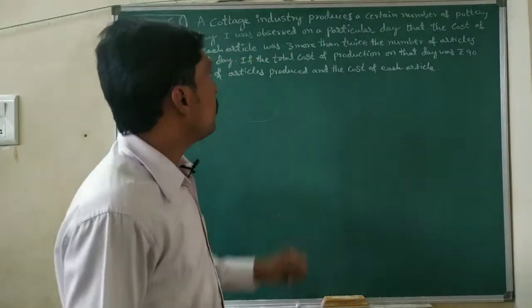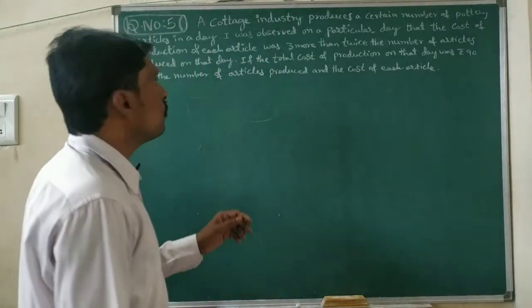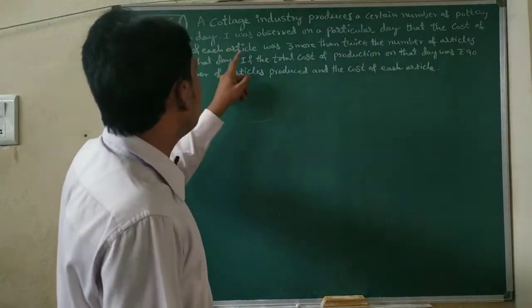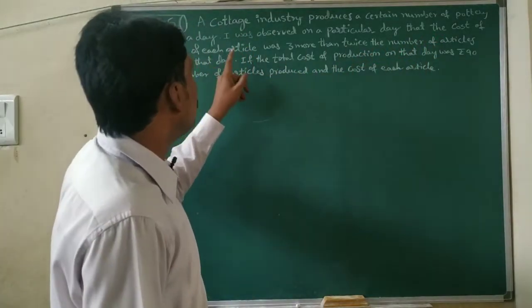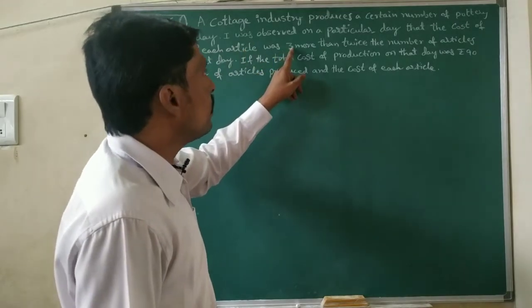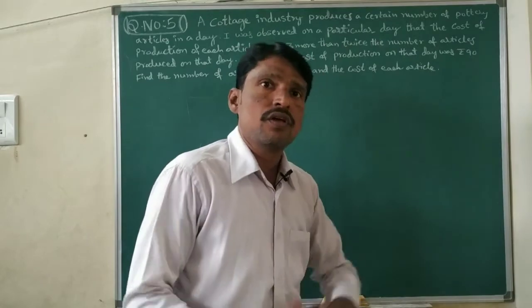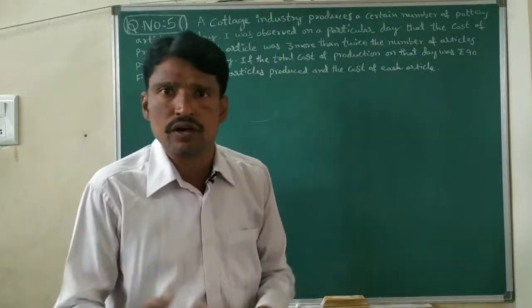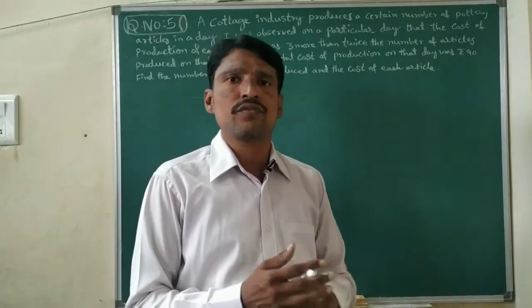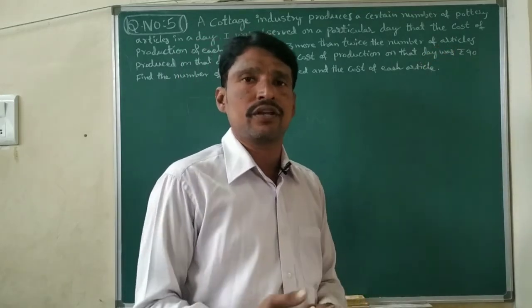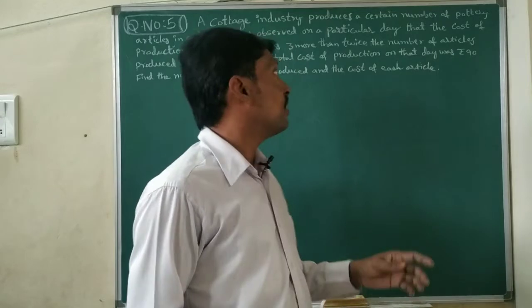Here it is given for us, given the clue. Here the cost of the production of each article, cost of each article is given by 3 more than twice the number of articles. First of all we don't know the number of articles, so we have to take that number of articles as x. We have to take any variable, x I am taking.